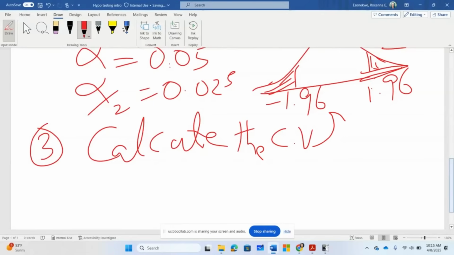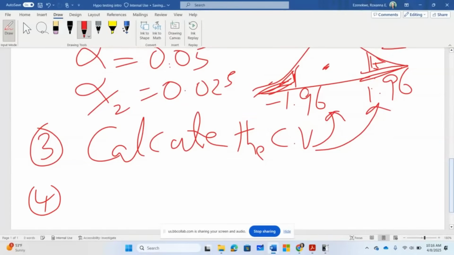That's what we just did here. When you calculate these critical values, they are the boundary line between rejection and acceptance. So the acceptance region is the open space here. The rejection region is the shaded region.